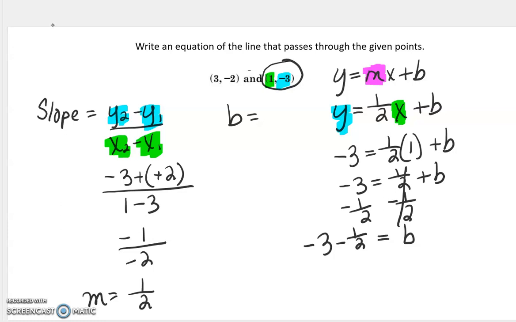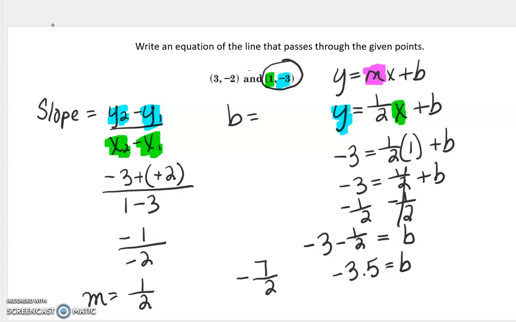You'd really want to pay attention to see what MathXL will ask you to do. So, in theory, you're going to add these. So it'd be -3.5 equals b. Or you could say that you've got a -7/2.